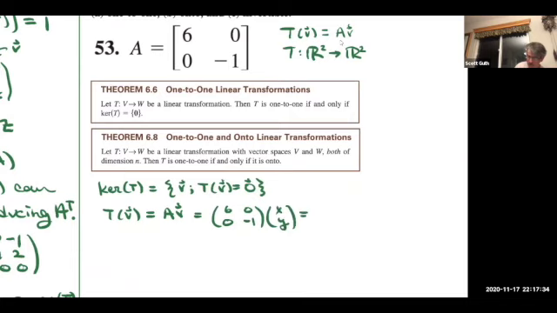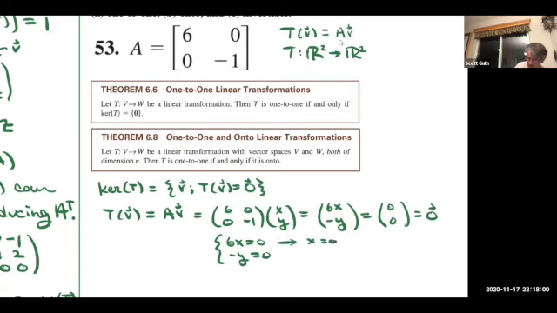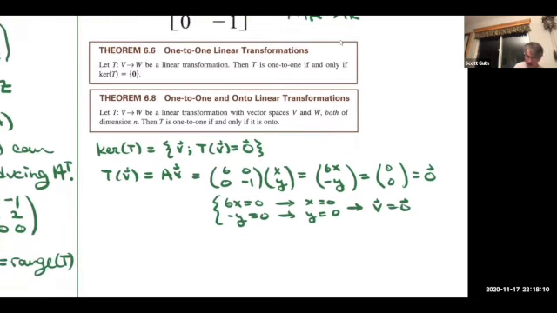Like that. So this is super easy. It's 6x and -y. And this has to be equal to 0, 0. That's our 0 vector. If we want to find the kernel, then of course 6x has to be 0 and -y has to be 0, which means of course that x is 0 and y is 0. So our vector v is the 0 vector. So the only vector that maps to 0 is 0.